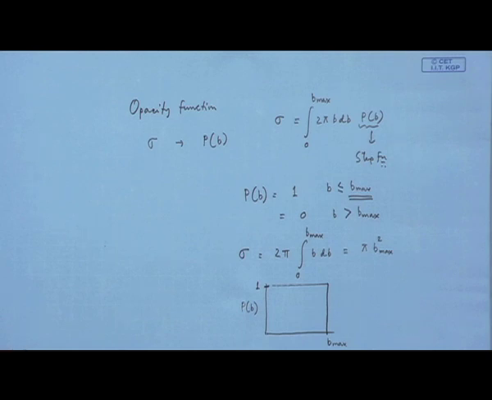Sometimes the opacity function is difficult to determine, so using some simple functional form, as I used this step function, you should be able to find out the cross section, because the opacity function could be a complex description.